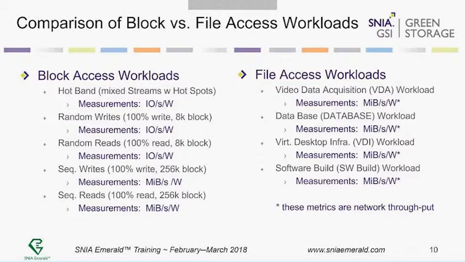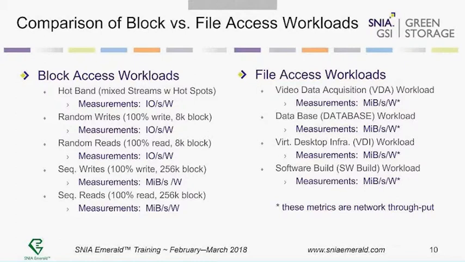You'll also see, if you look at the details, that the actual measurements made between these 2 are different also. In the small block random workloads on the block access side, we measured the I/O rate, or IOs per second, per watt.